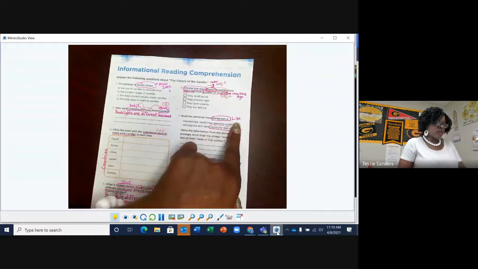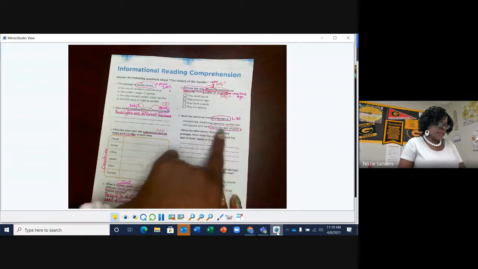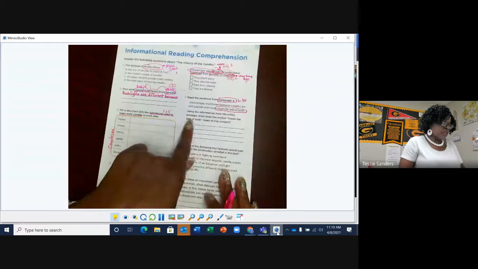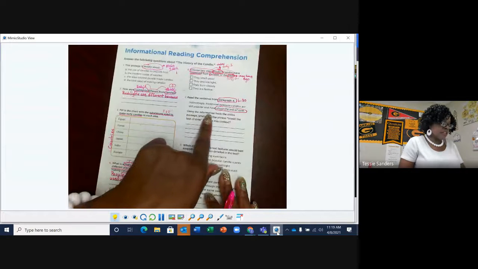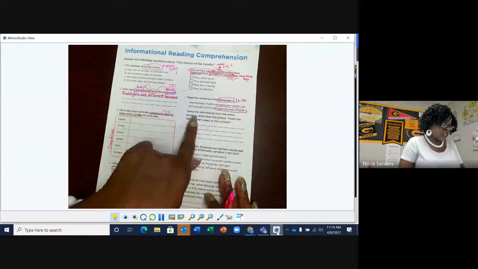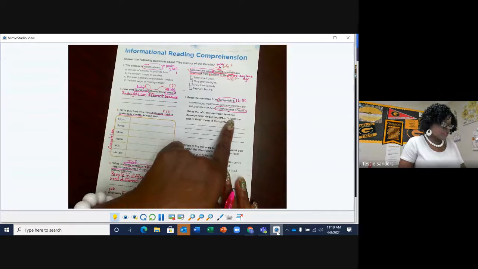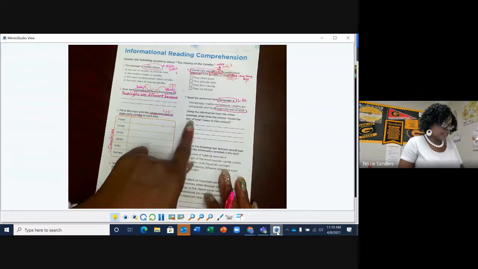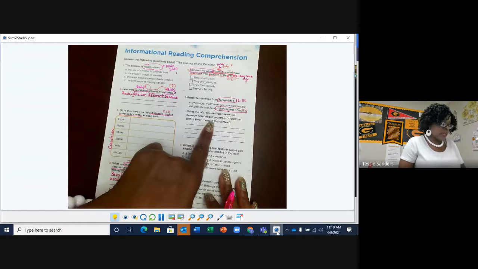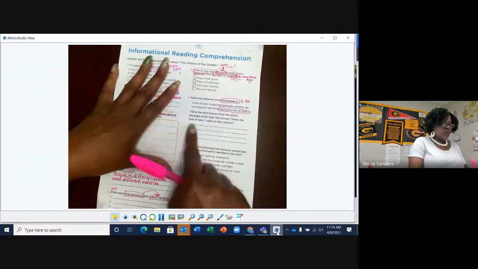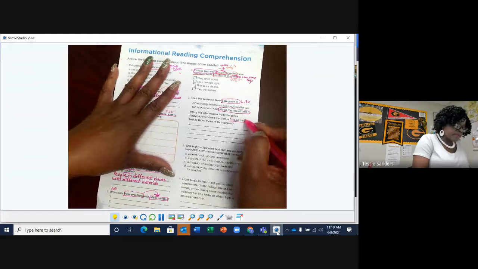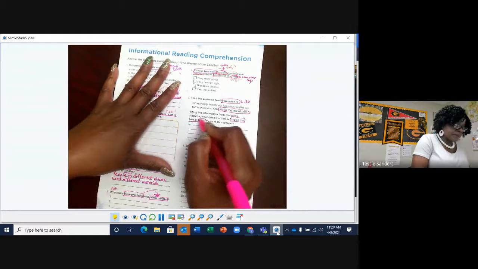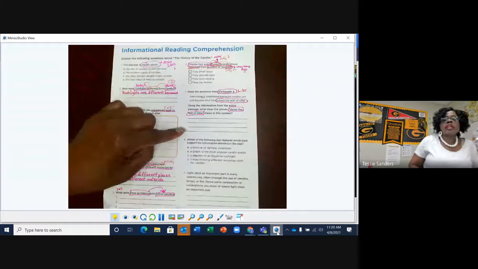That means we're going to go to line 30 and we're going to follow these directions using the information from the entire passage. What does the phrase "stood the test of time" mean in this context? How are we going to start our short answer?